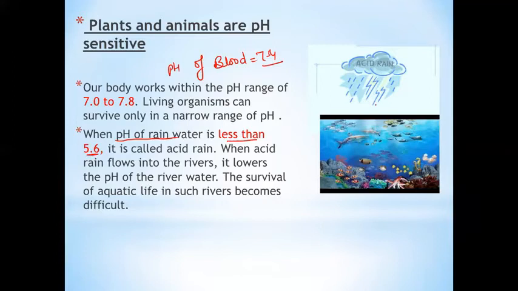Okay, that acidic rain is due to carbon dioxide, sulfur dioxide, nitrogen dioxide in rainwater. When acid rain flows into the river, then it lowers the pH of river water, and the survival of aquatic life in such rivers becomes difficult.